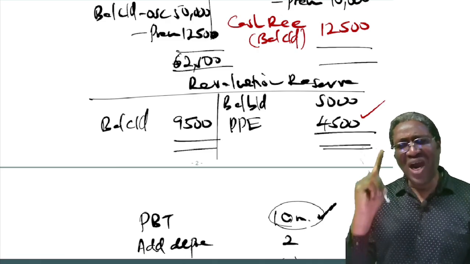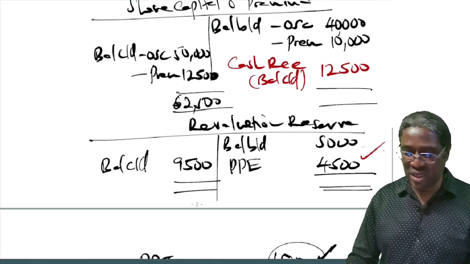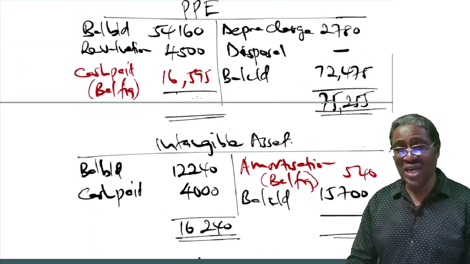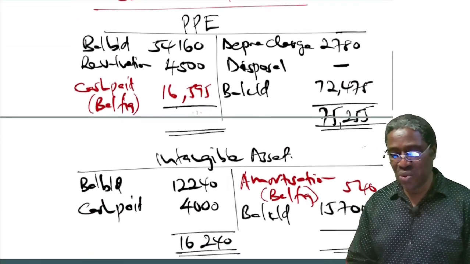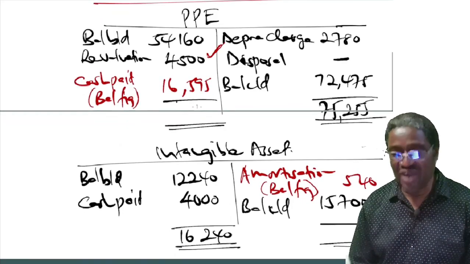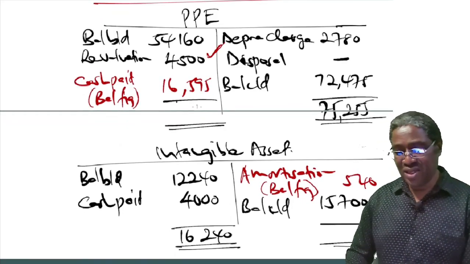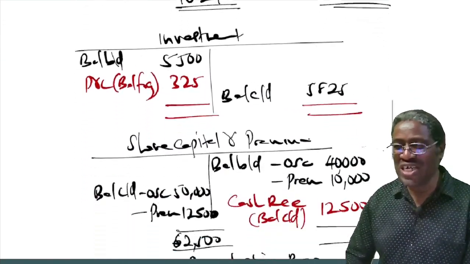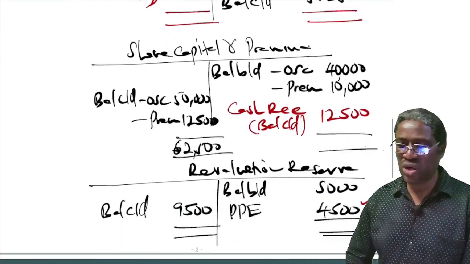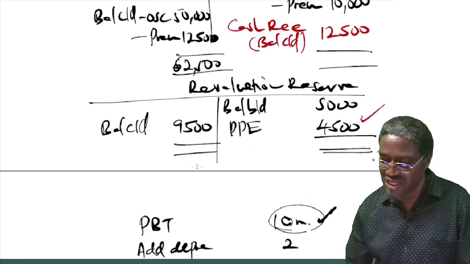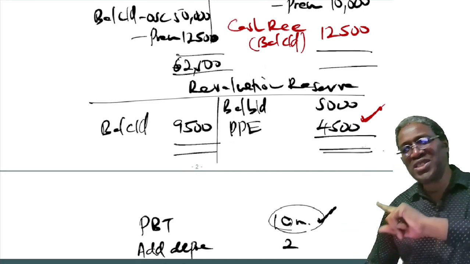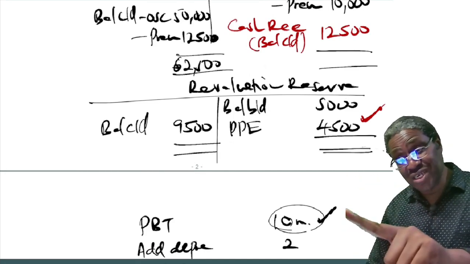Whenever you revalue an asset, just like we did here, when we were analyzing this account of property, we debited the property by 4.5 million. I hope you can see it there. The double entry for it is that you credit the account called revaluation reserve. This revaluation reserve goes direct to the balance sheet.